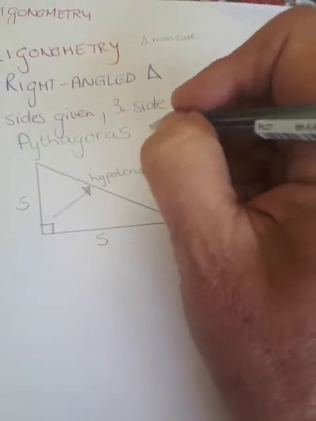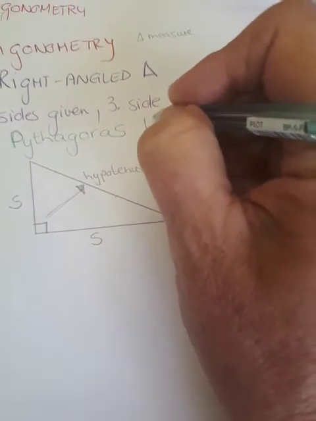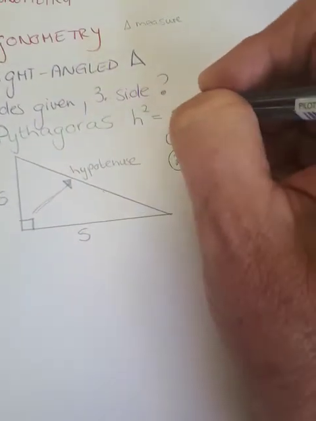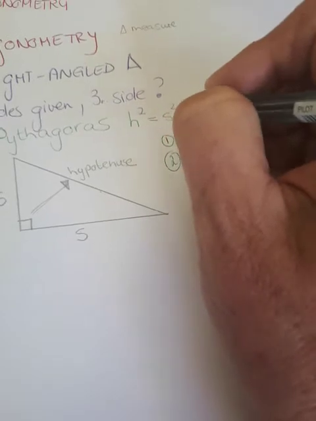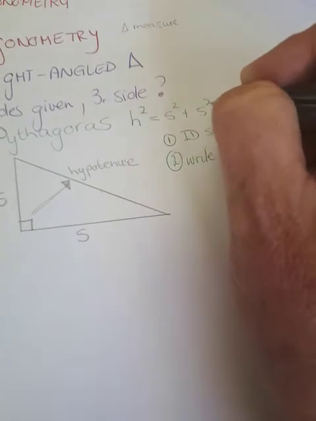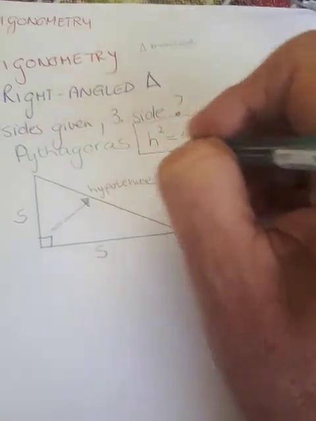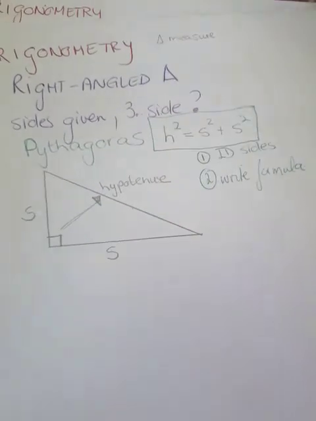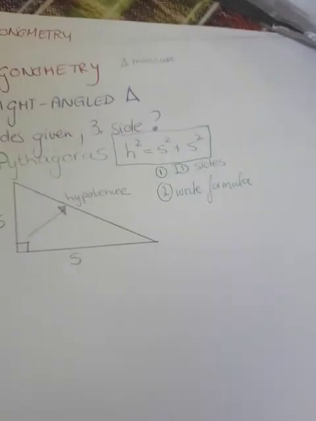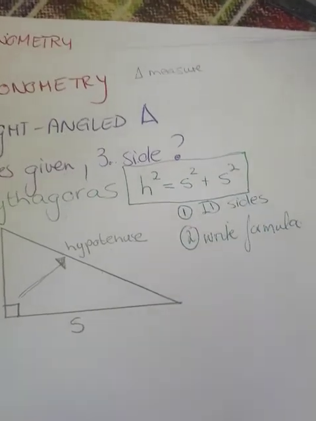Okay, the formula for Pythagoras is hypotenuse squared equals side squared plus side squared. I want you to remember this. We say that in a rhythm and we snap our fingers. So please listen.